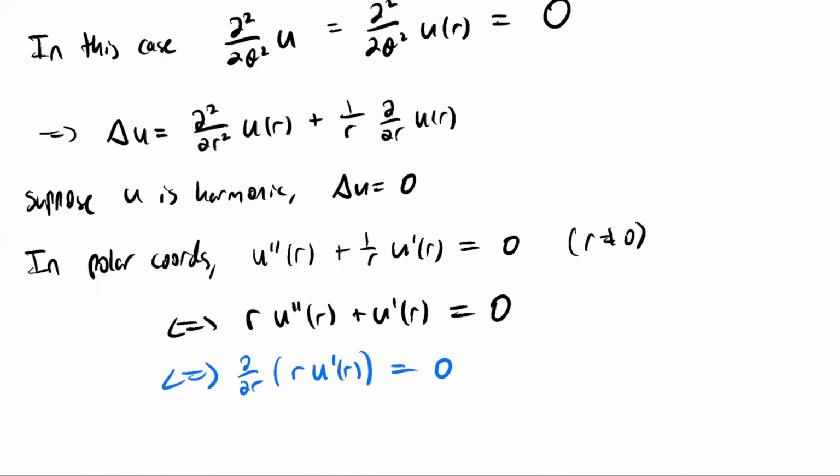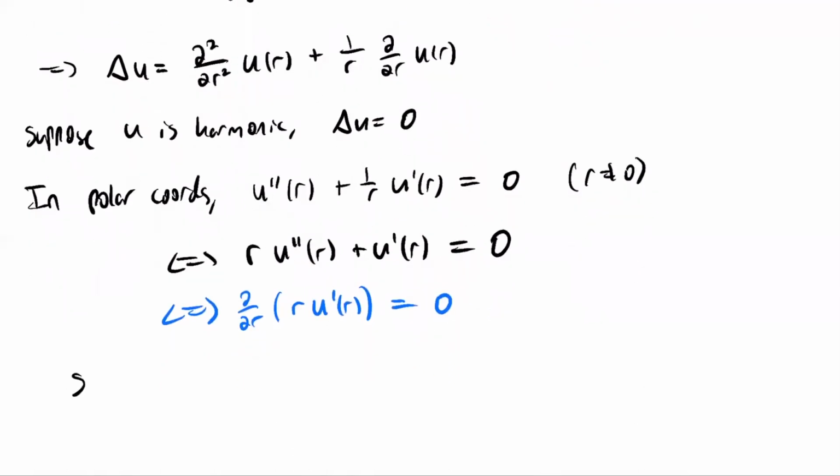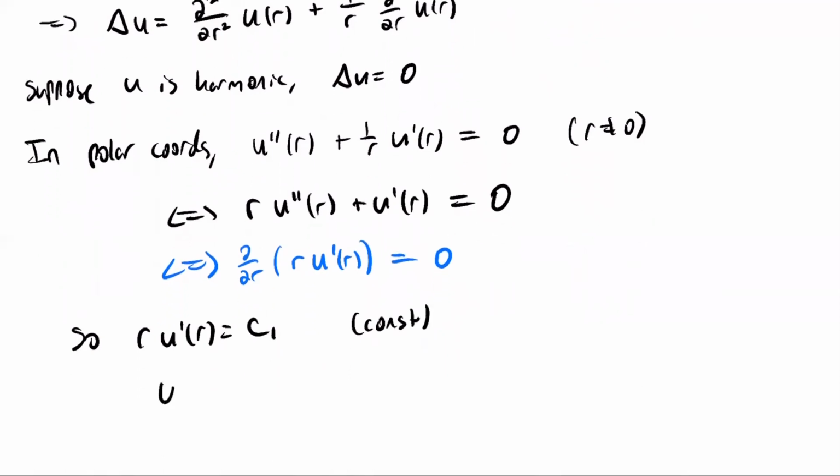Well, that means that the function in parentheses is constant with respect to r. So this says that r times u prime of r is some constant c1, so u prime of r is equal to c1 over r. r is always positive, and so this tells me that u of r is equal to, let's take the antiderivative, c1 times natural log of r plus c2.